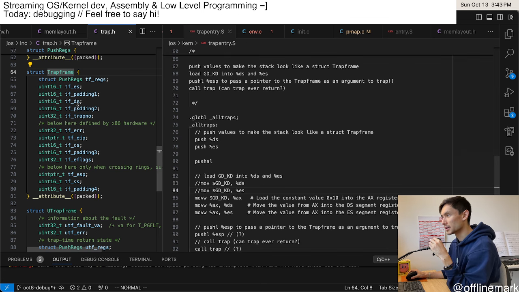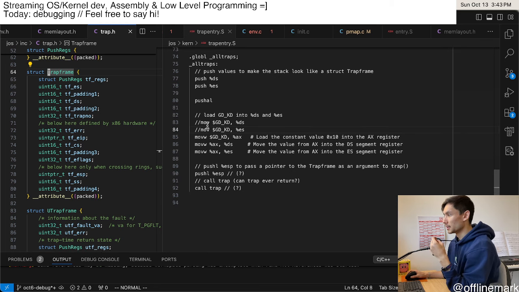Push DS, push ES, push all the registers. Load into DS and ES for some reason. Oh, to transition into the kernel, right?